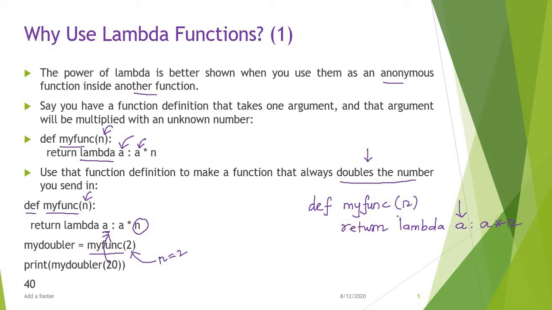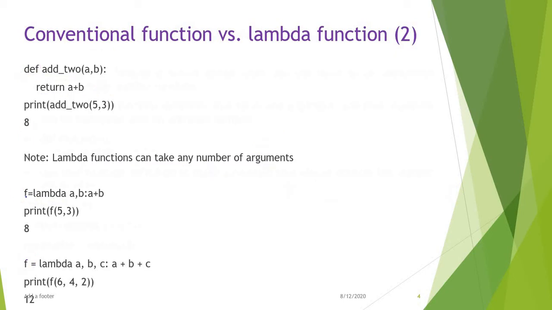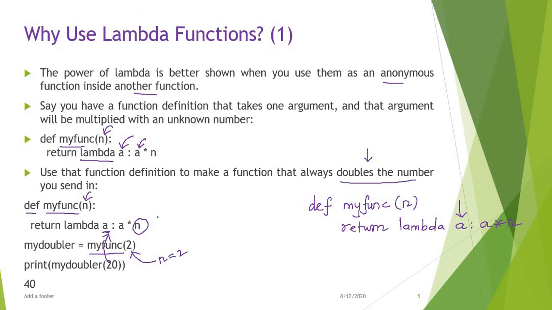In the previous cases we used f for the lambda function object. Here also I need to use some object for this lambda function, which this my function will return.